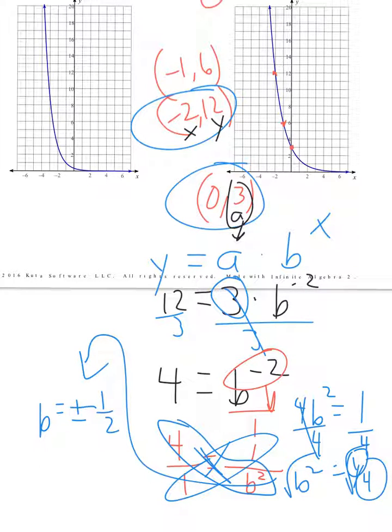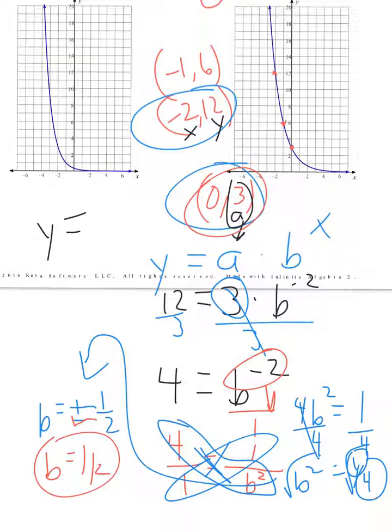Now, we cannot have b be a negative number. The base in exponential functions is never negative, so we're only going to look at positive 1/2. So b is 1/2, and we know that a is 3, so I'm going to write my exponential function at the end. So my final answer, I don't just give what b is: y equals a, which is 3, times 1/2, and I like to put that in parentheses, to the power of x.